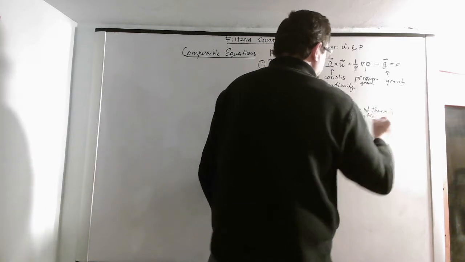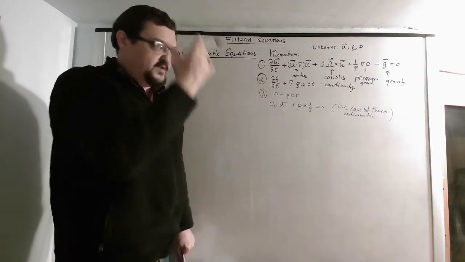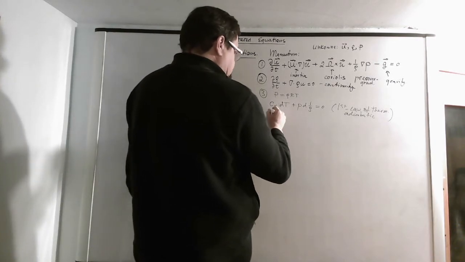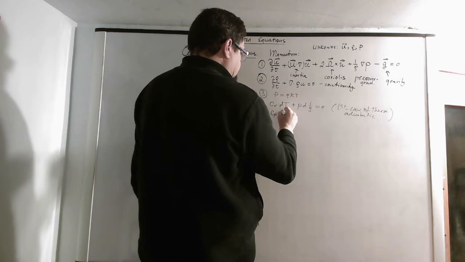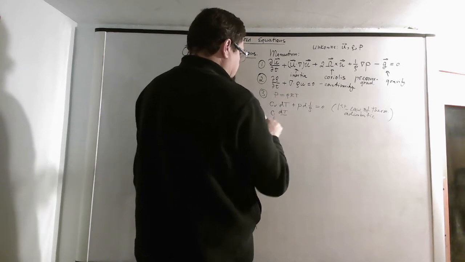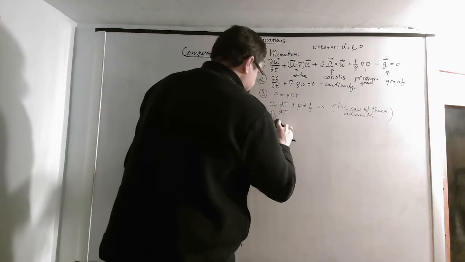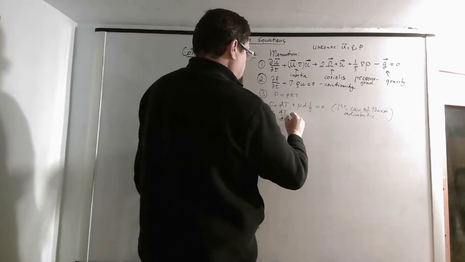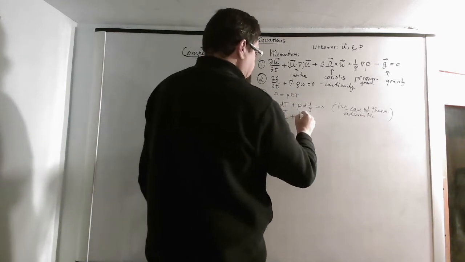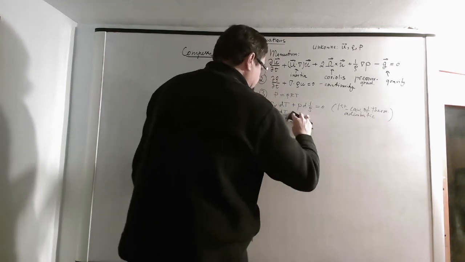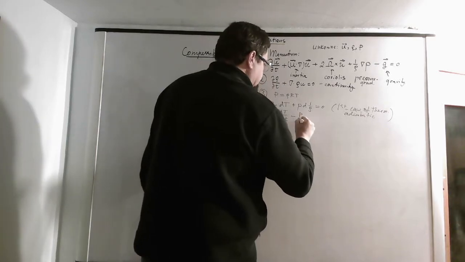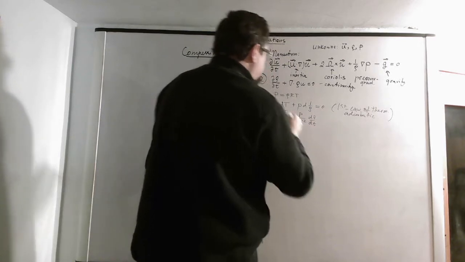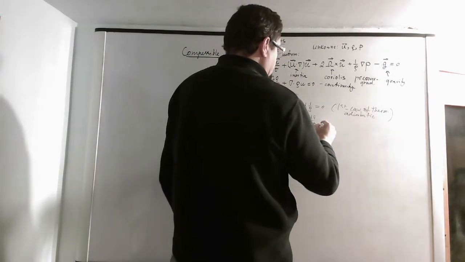So we assume that for simplicity here we don't consider any moist processes. So for this you have Cv dT plus P, minus 1 over rho squared d rho dt, equals to 0.